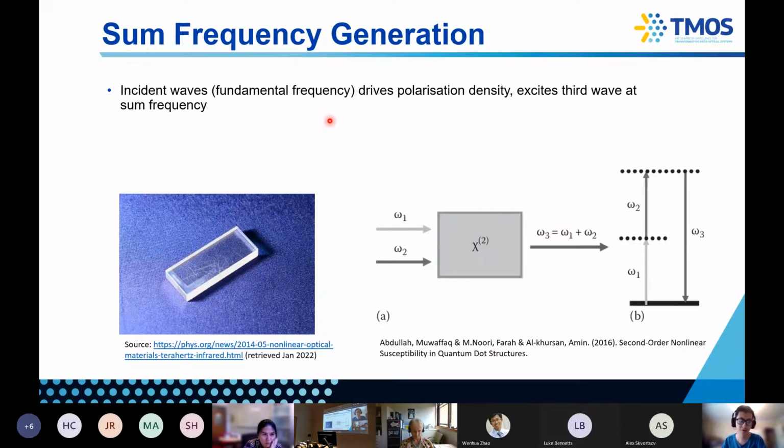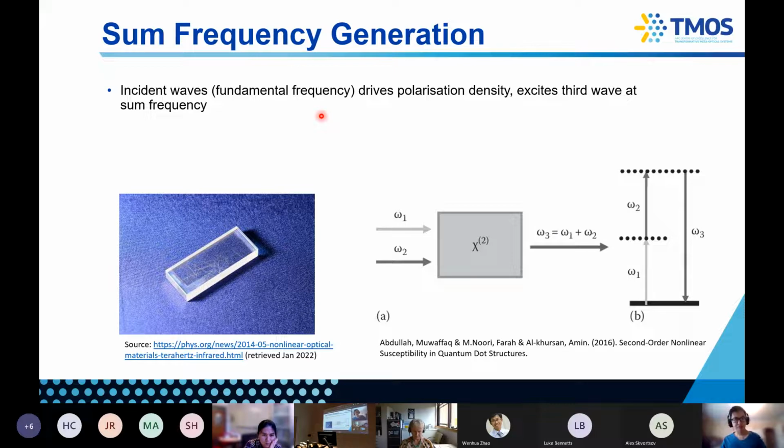All right, so the area that I'm interested in is nonlinear frequency generation. And the second order case is sum frequency generation. There are other higher orders as well.